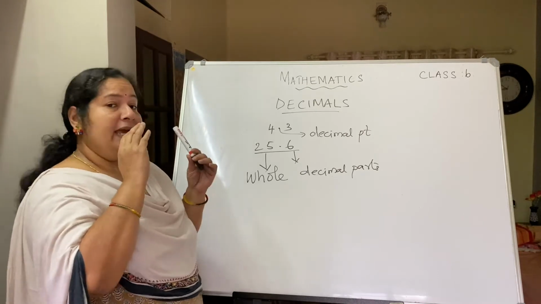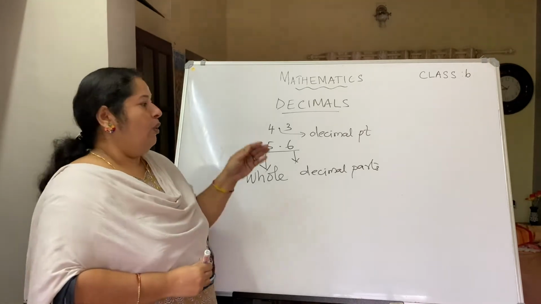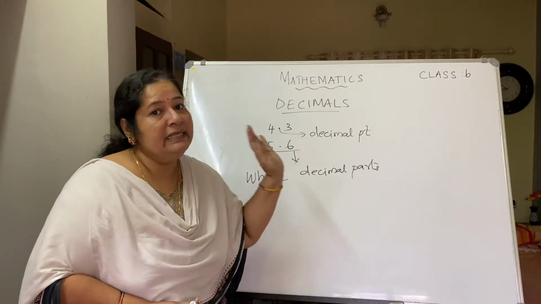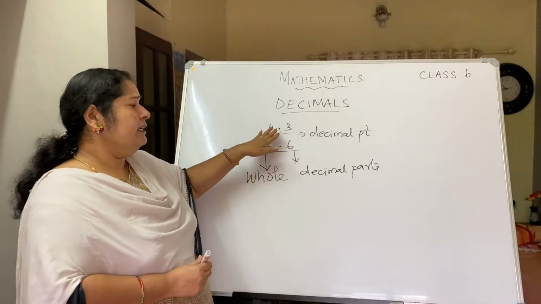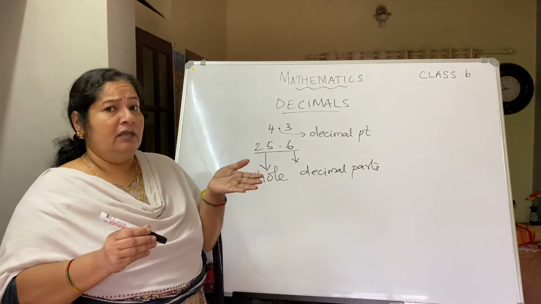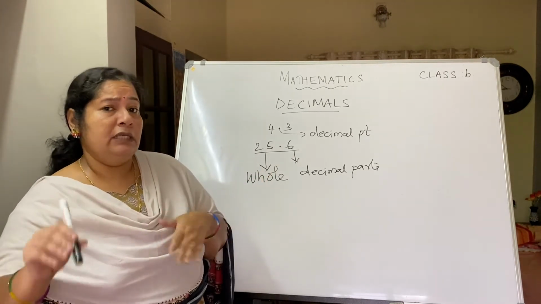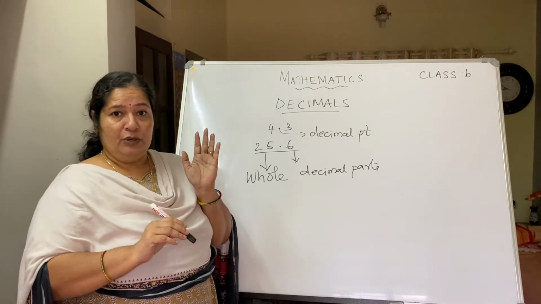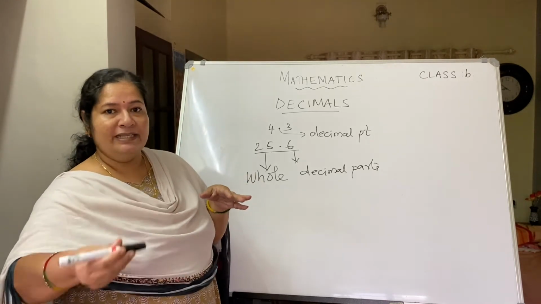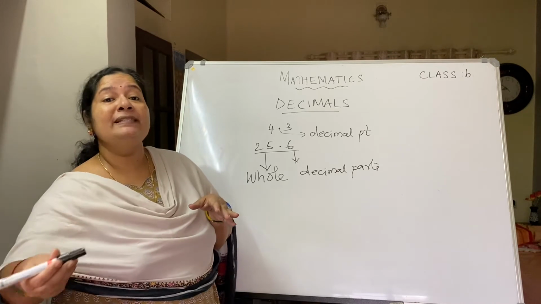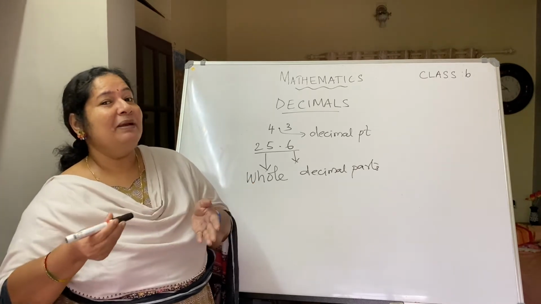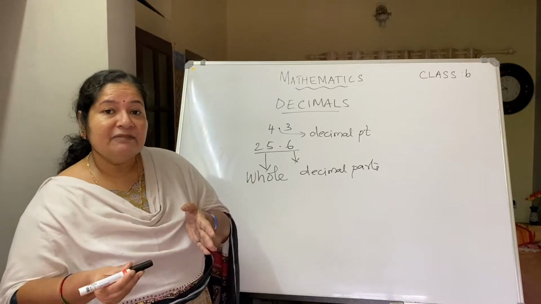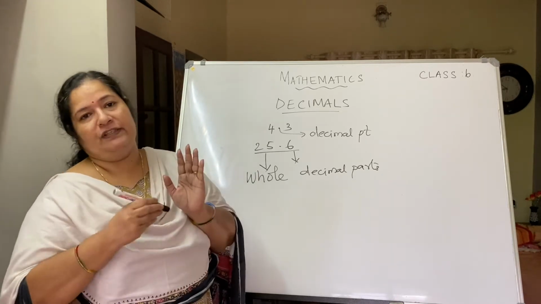Now, it doesn't mean that we always have only 4.3 or 25.6 or 1.2, only that much. No, there are more digits, which means there are more places. In the decimal part also, we have different places with different place values.